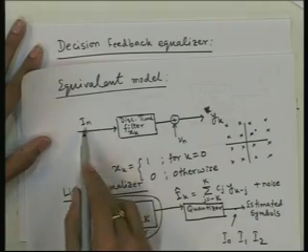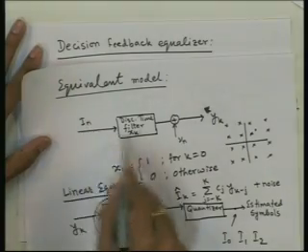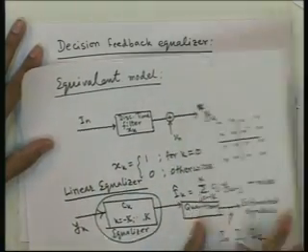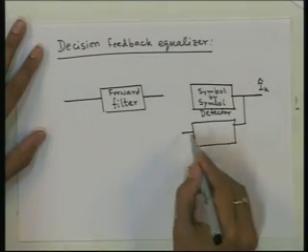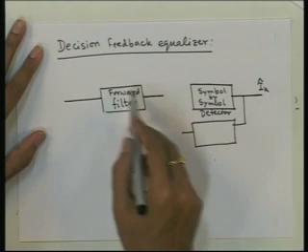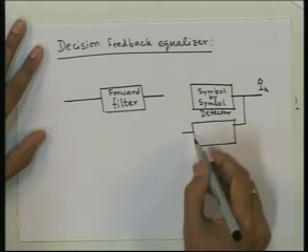So, after detecting I n, we will pass it through the same filter and cancel it from the received signal.